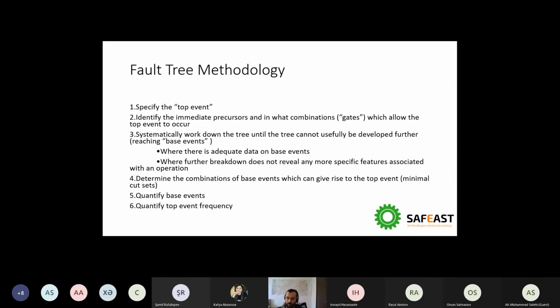Then systematically you need to work down until the end of the tree, to what we call base events. You stop at base events where the tree cannot be developed further in a meaningful way, where there is adequate data on the base event.